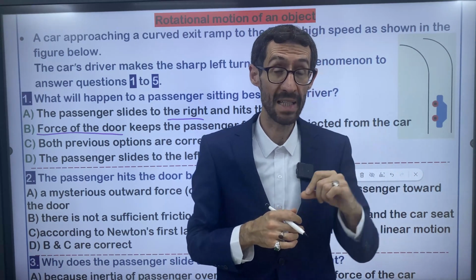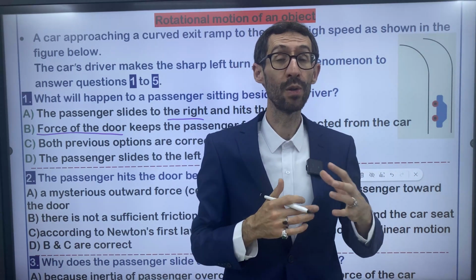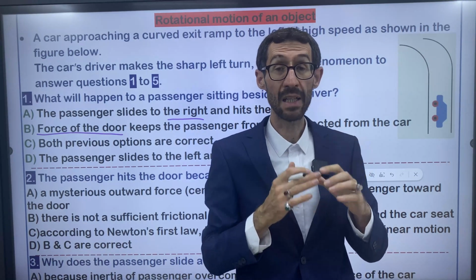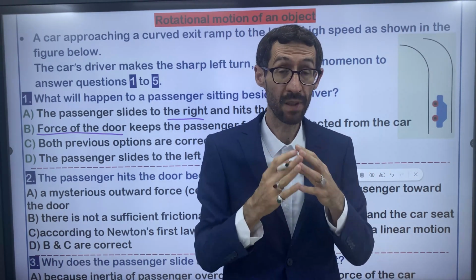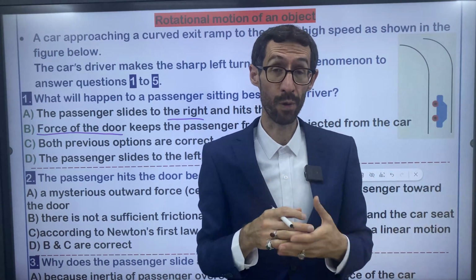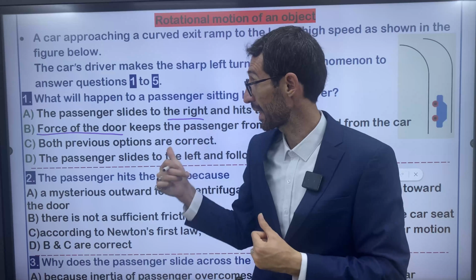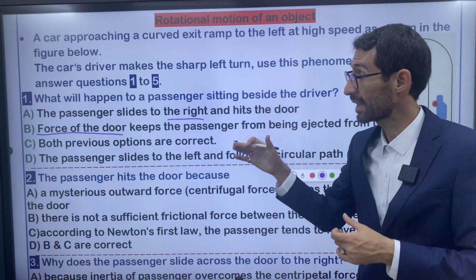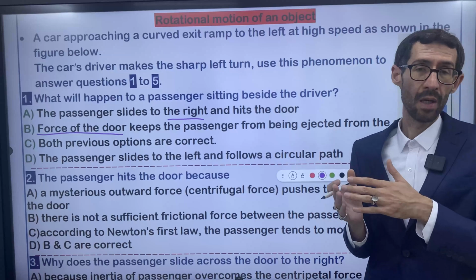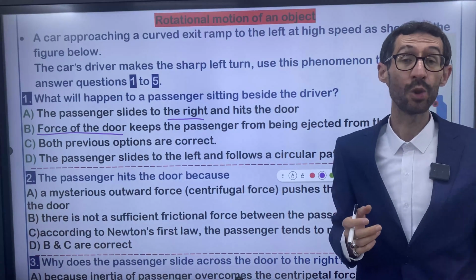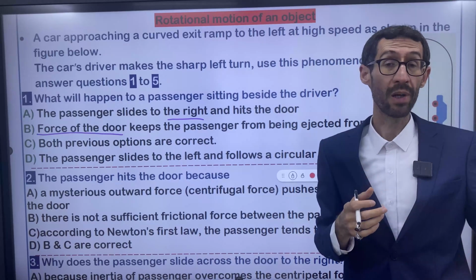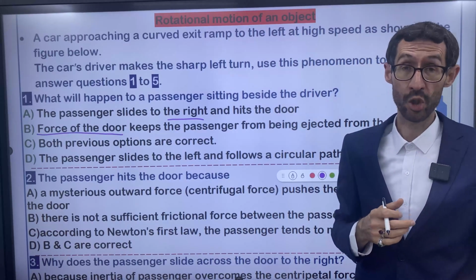That's why in the previous lesson, I told you centripetal force is a net force, a resultant force. Mostly it consists of more than one force. You see here in this phenomenon that the door helps the passenger to return to his or her original circular track.